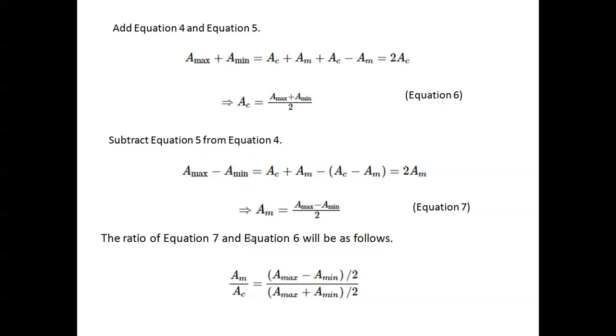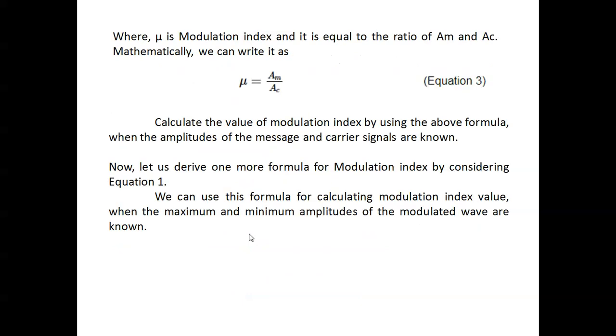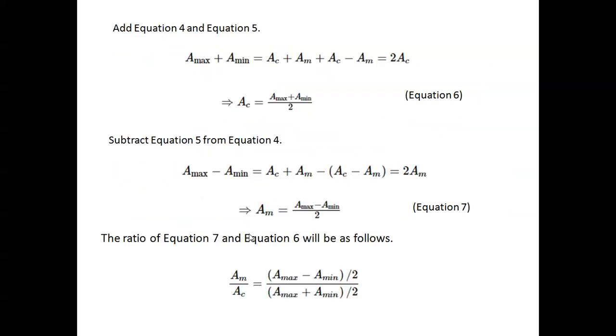So Am divided by Ac: these are equations 6 and 7. The ratio of equation 7 and equation 6 gives Am divided by Ac, which is nothing but the modulation index. Based on adding and subtracting A maximum and A minimum, we got equations 6 and 7, where equation 6 gives Ac and equation 7 gives Am.